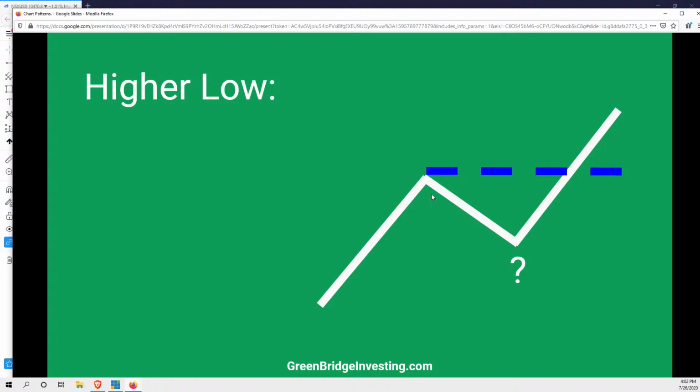Now, if this high right here is higher than some other high, let's say the market pulled back a bit, gave us a little peak over here, made a low, and then this market takes out that little minor peak. That's a change, okay?